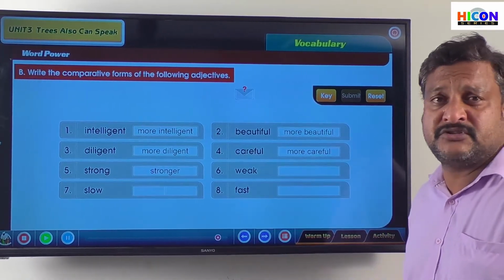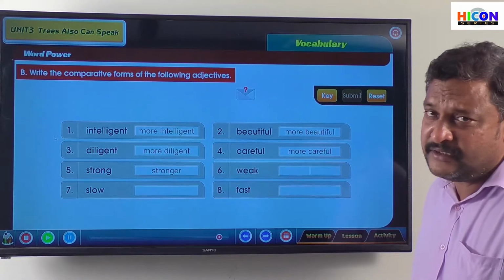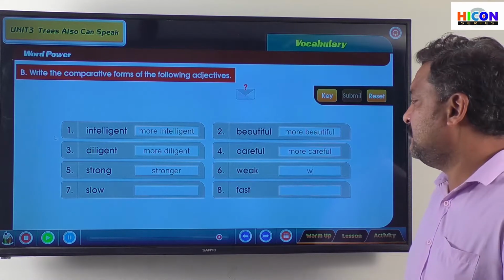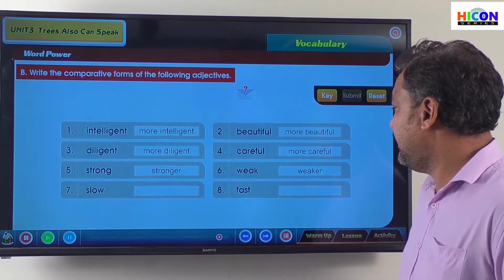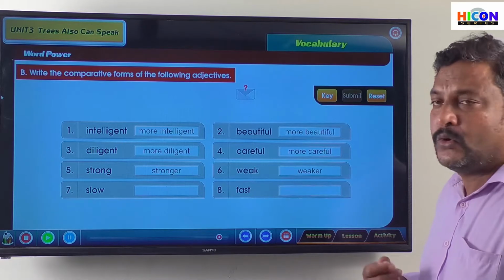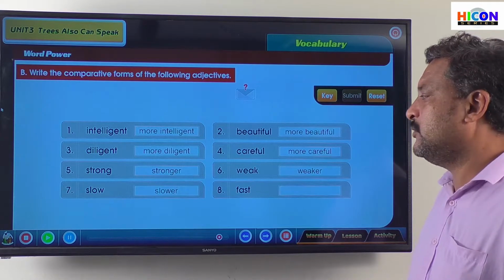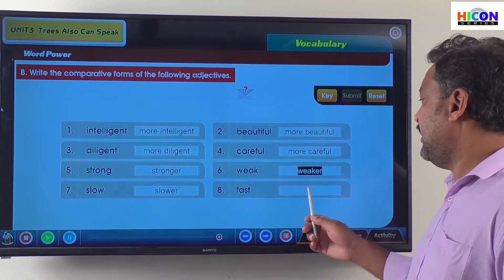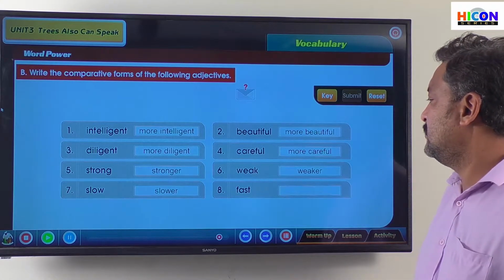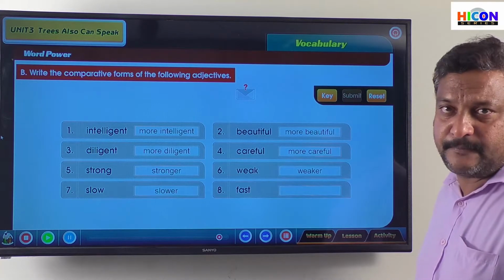The opposite of strong is weak, and the comparative form of weak is weaker. W-E-A-K-E-R. Weaker. Slow. Slower. We can add er. S-L-O-W-E-R. Slower. And fast. Faster.